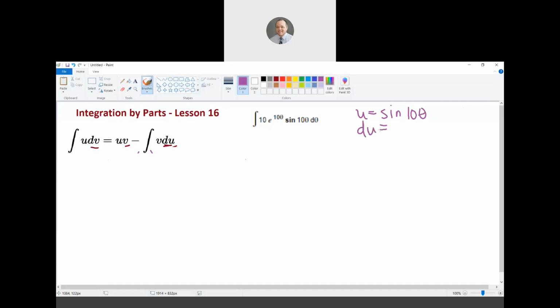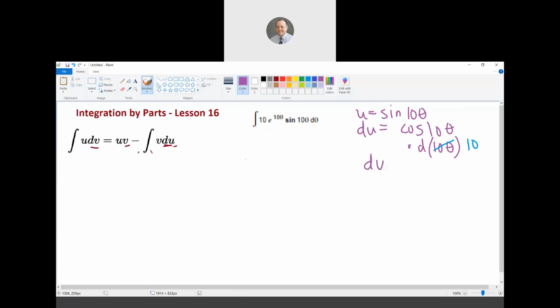So du is equal to cosine of 10 theta times the derivative of 10 theta. And the derivative of 10 theta is just 10.